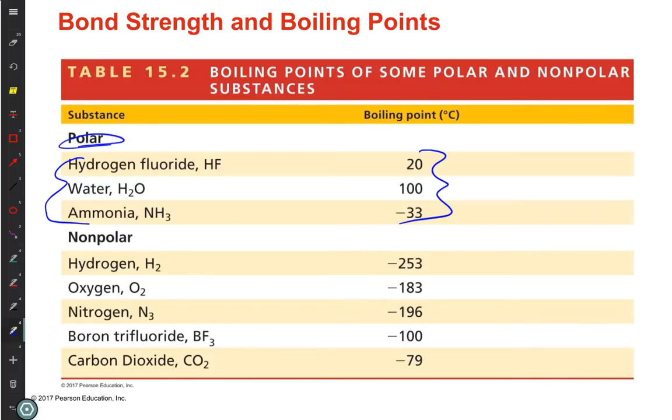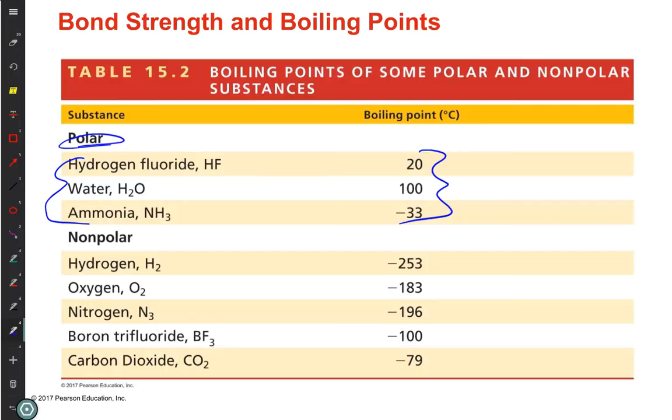To me, that's interesting. Even though it's not physics, it's still very interesting. Nonpolar bonds have a very low boiling temperature. They're not cold. To be in the liquid form, they have to be very cold because the only thing that will hold them together is an induced dipole. And that's a very, very weak force.